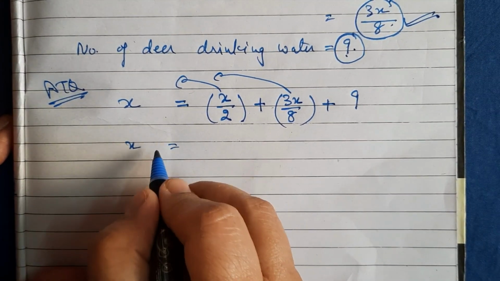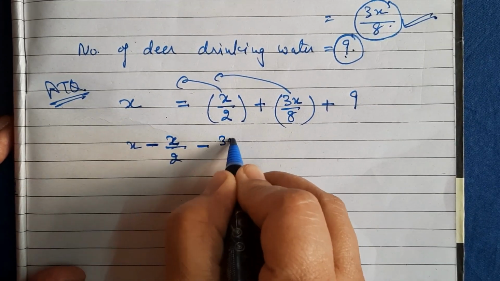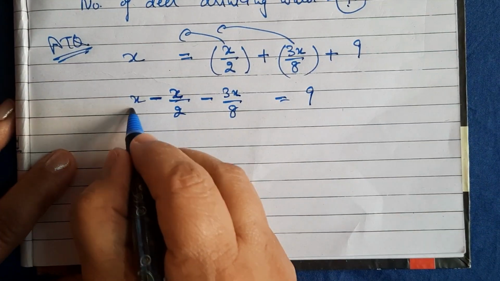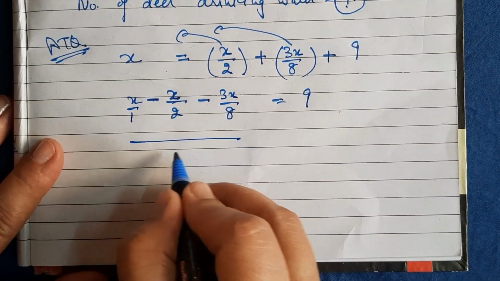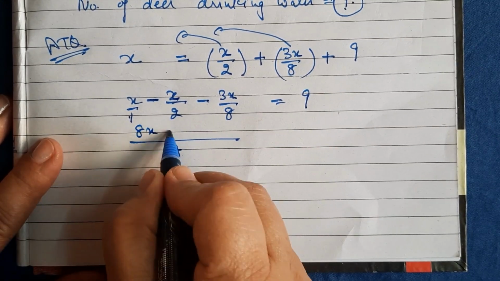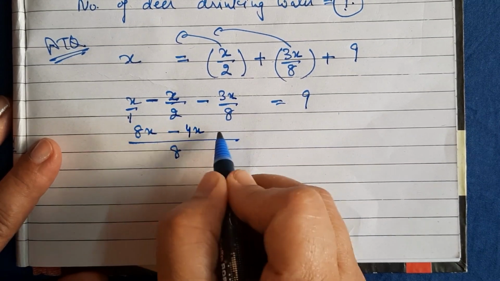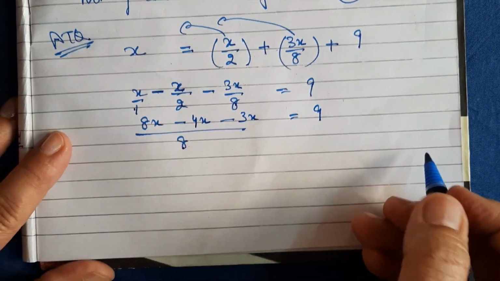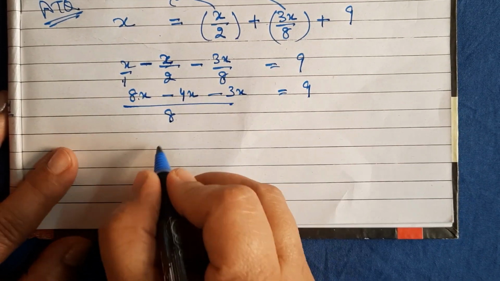So x minus x upon 2 minus 3x upon 8 equals 9. Write 1 here. Now take the LCM of 1, 2 and 8. It is 8 only. 1 8 side, 8 into x, 8x. 2 4 side, 4 into x, 4x. 8 one side, 1 into 3, 3x. 8x minus 4x is 4x. 4x minus 3x is x.